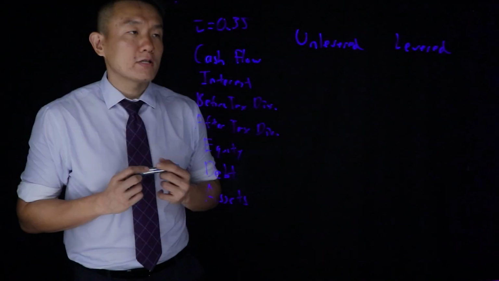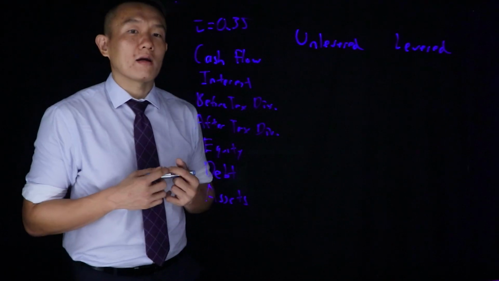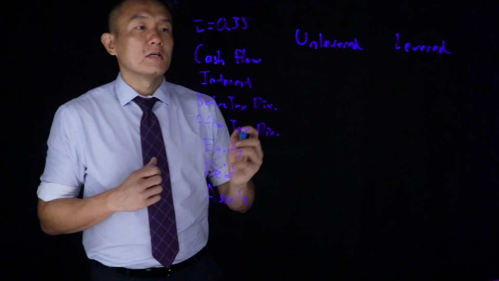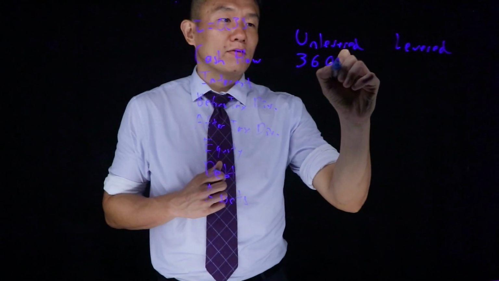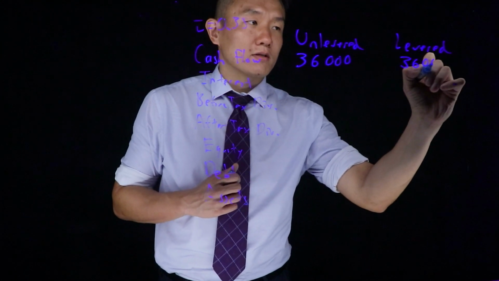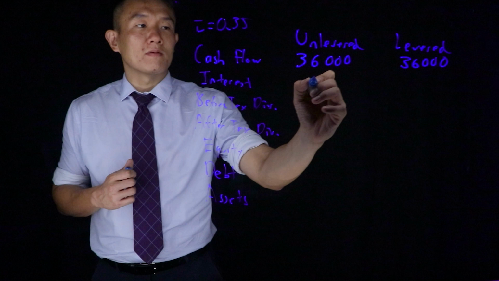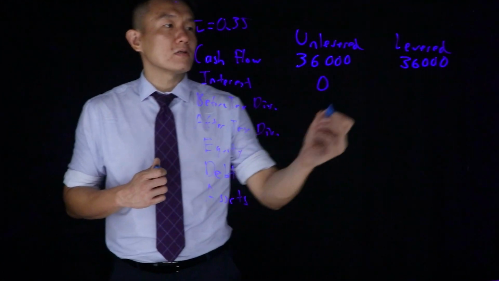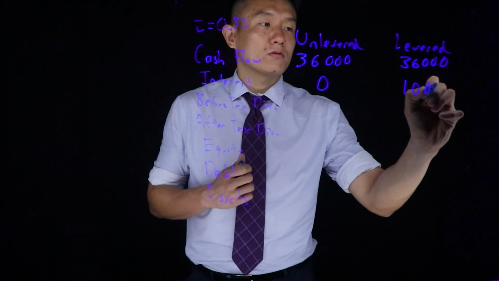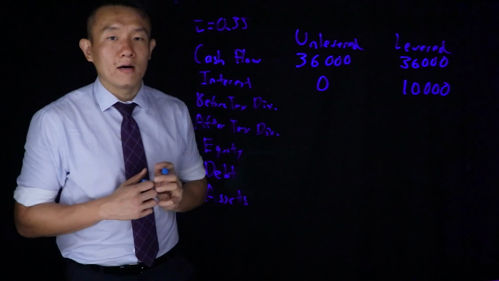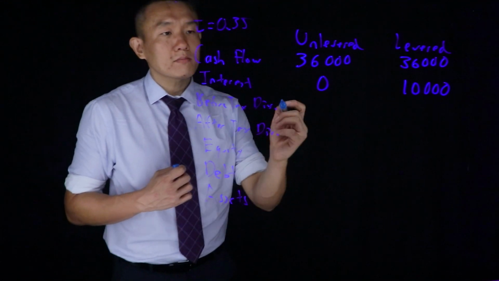Let's see how this tax shield would work in the example we've been talking about throughout this lecture. So we have an unlevered firm and a levered firm. They both have cash flows of $36,000. The unlevered firm has no debt, so it doesn't have to pay any interest. The levered firm has to pay interest of $10,000, 10% on debt of $100,000.